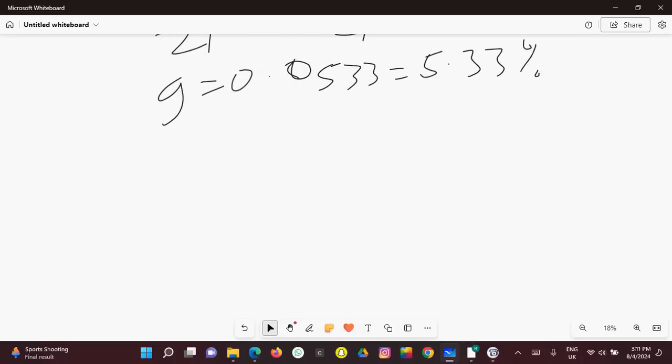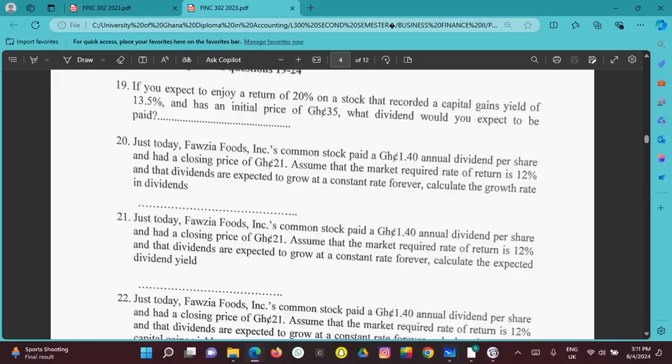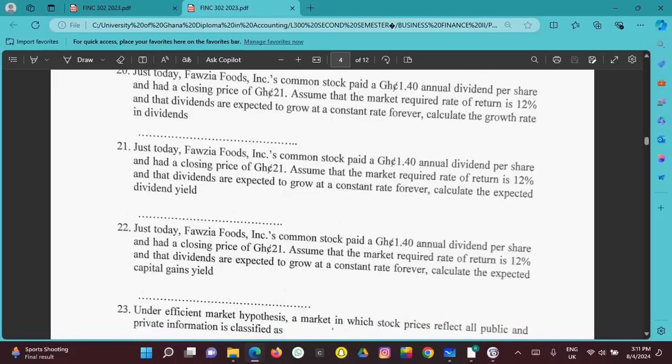Now let's go to 21. Just today, the company's common stock paid 1.4 as usual, at the closing price as usual. Assume that the market required rate of return is 12% and that dividends are expected to grow at a constant rate forever.